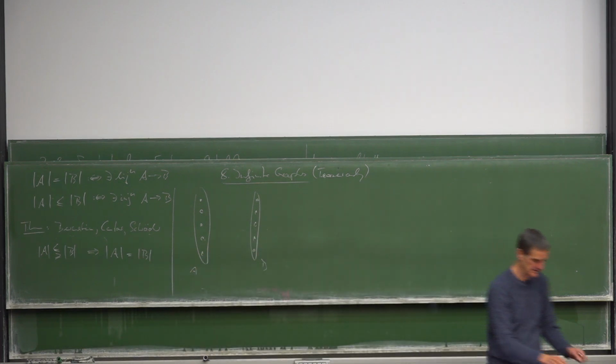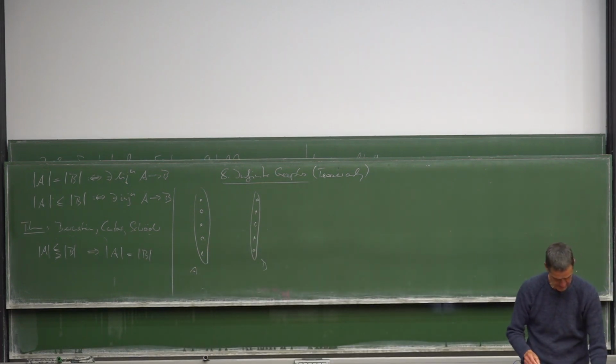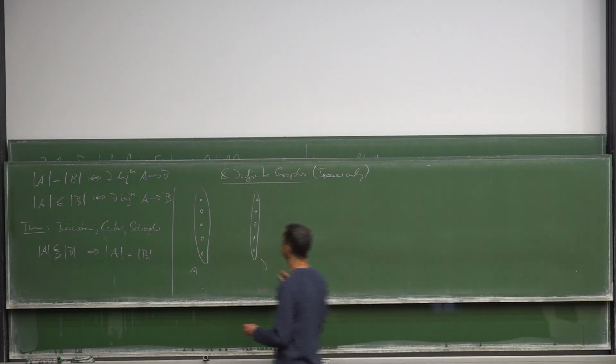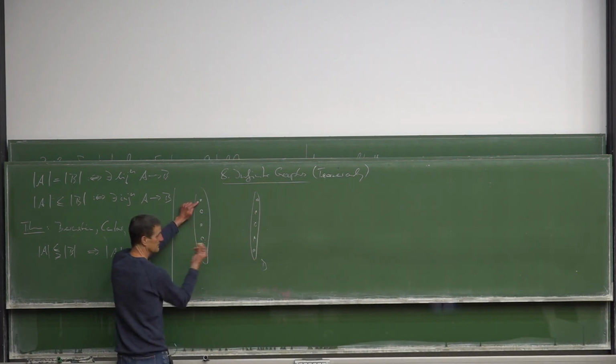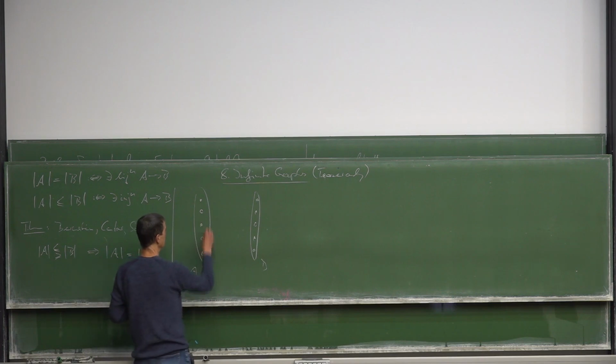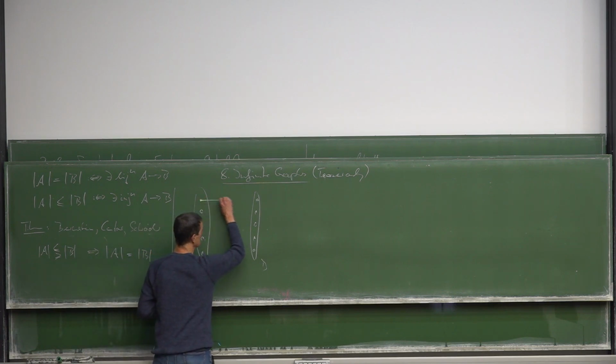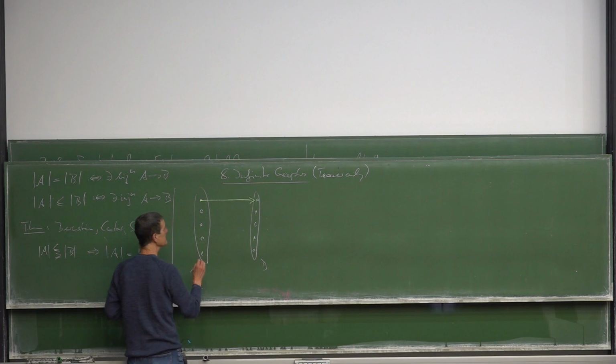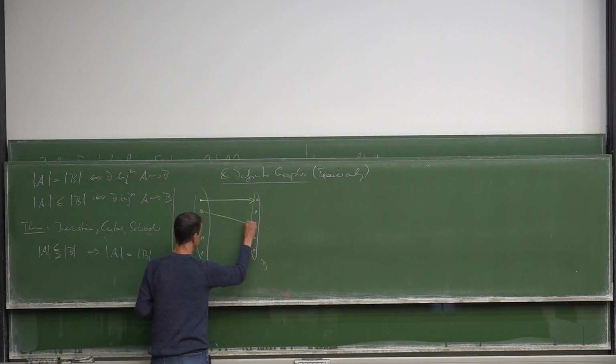So green is the map from A to B. For every little a in big A, we find a partner.